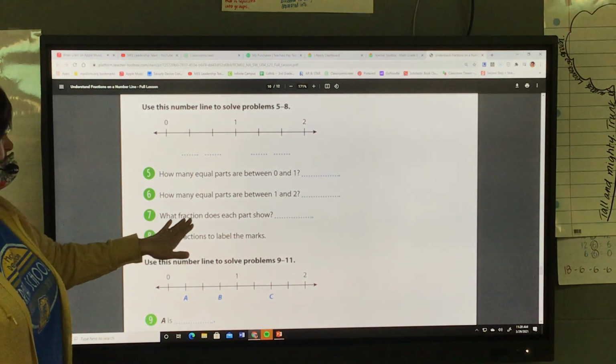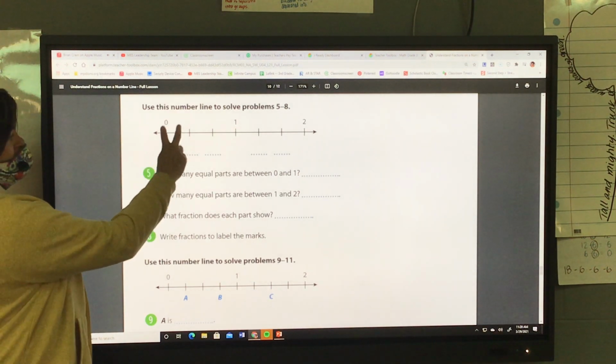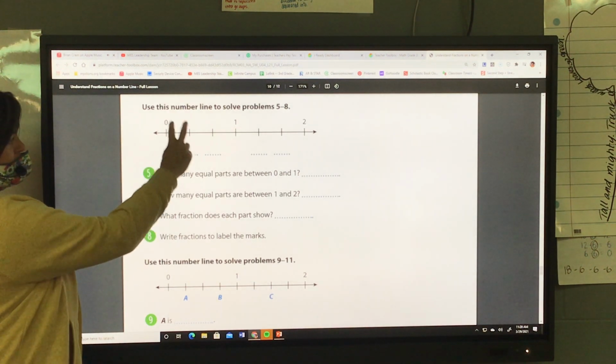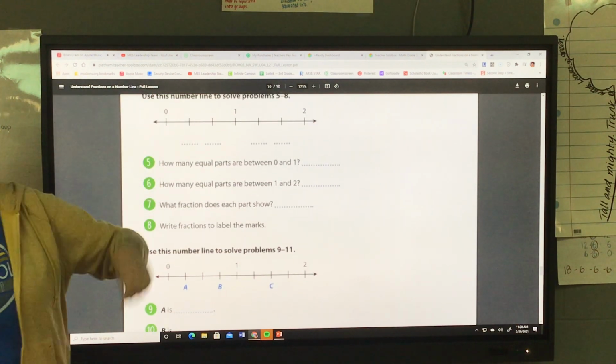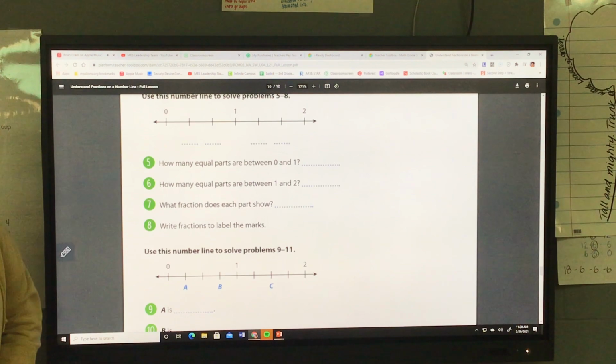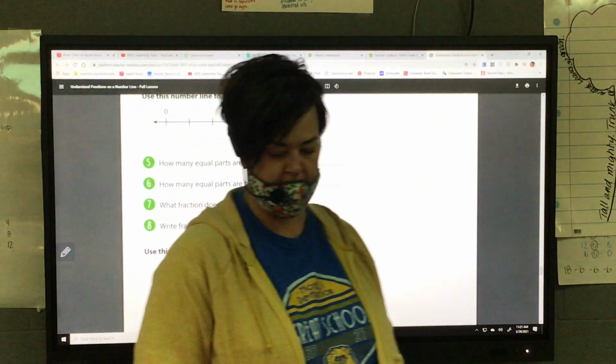Look at 7. What fraction does each part show? So you're just going off of what this first one is. It tells you what the fraction would be for each of those parts. Each one is split into one what? Write that fraction.